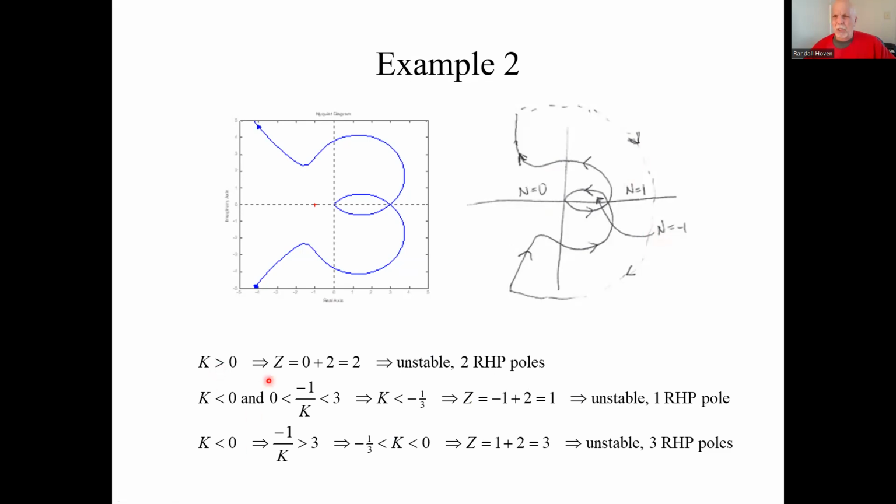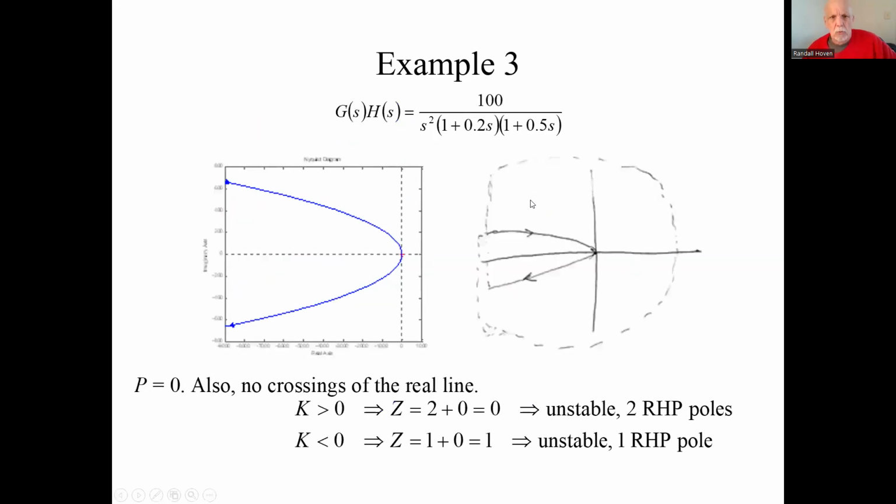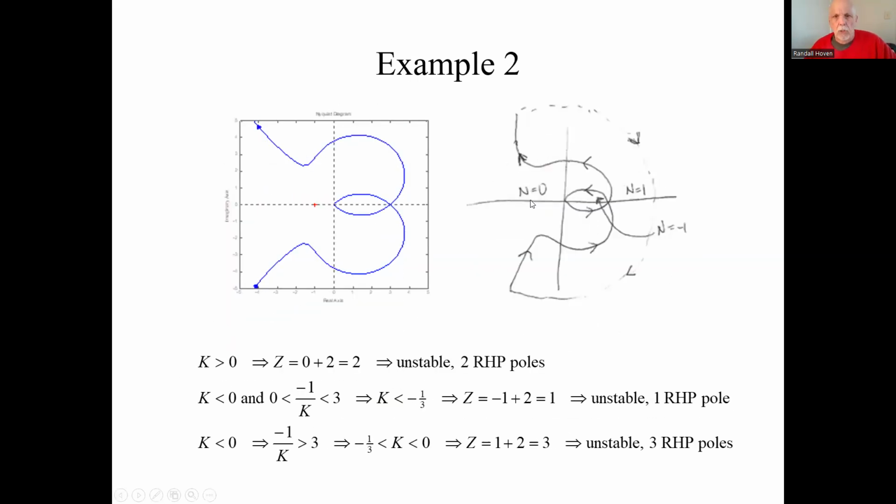I won't go through this inequality algebra, but for every case, I have, let's see, 1, 2, 3 segments of the real line to worry about in this problem. And to the left of the origin, between here and there, which looks like it's a 3. So k equals -1/3. -1 over k equals 3.